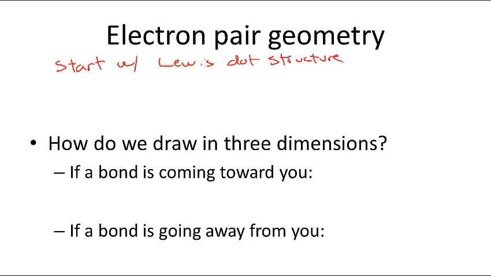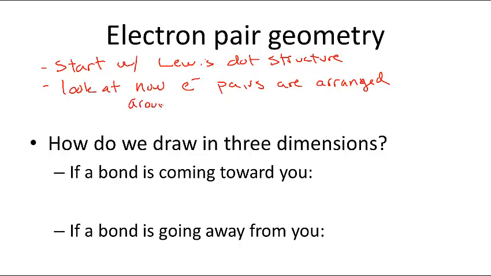Whenever you're trying to find out electron pair geometry or later molecular geometry, you're always going to start with your Lewis dot structure, and look at how electron pairs are arranged around the central atom.